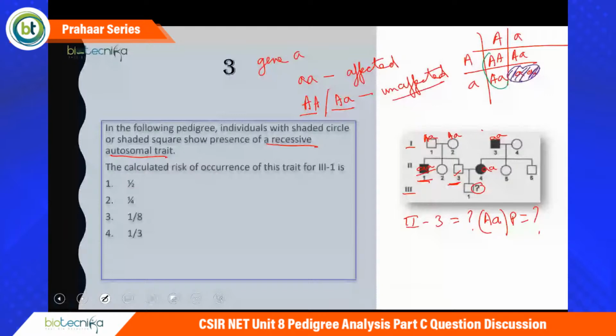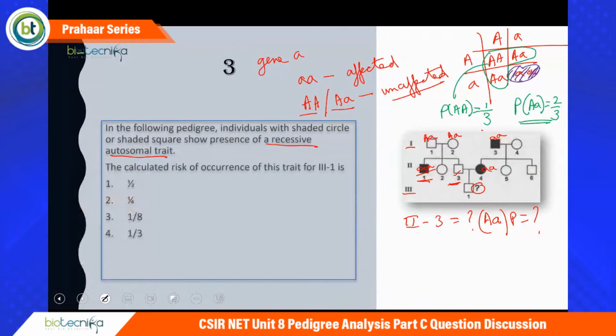Okay. So if you see the not affected progeny, out of that, what proportion is homozygous dominant? That probability of homozygous dominant is 1/3. And probability of heterozygote is 2/3, from the unaffected progeny. So in that unaffected progeny, we need the proportion of heterozygote. So what is the chance that it is heterozygote?